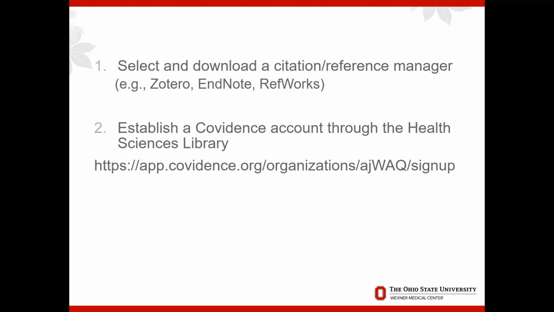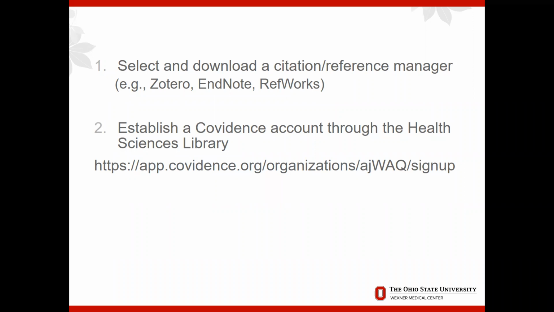So in terms of the what's next steps, step one, select and download a citation reference manager if you don't already have one. And then step two is going to be to establish a Covidence account through the Health Sciences Library. Ohio State pays for a university-wide subscription to Covidence, which is a web-based platform for conducting systematic and scoping reviews.